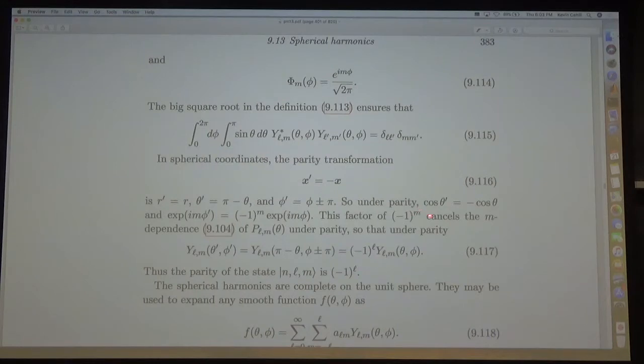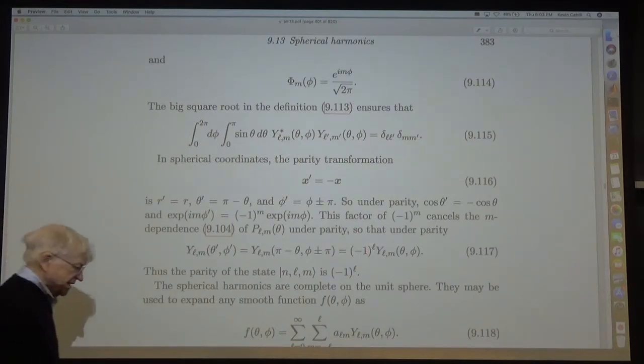And so under parity, cosine theta prime is minus cosine theta, and e to the im phi prime is minus 1 to the m, e to the im phi. And this factor of minus 1 to the m cancels the m dependence of the Associated Legendre polynomial. So under parity, the spherical harmonics just have a parity of minus 1 to the L.